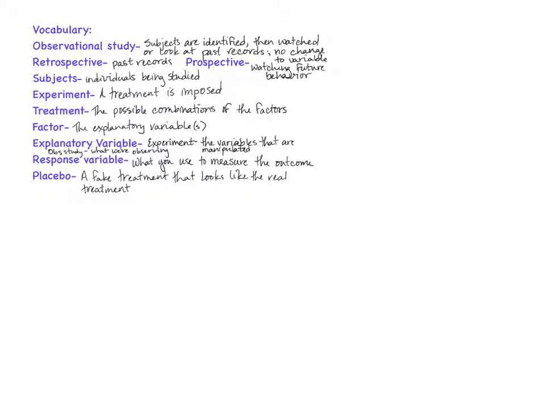So let's say I want to do an experiment on diet and exercise to determine what results in the best amount of weight loss. So I have diet and exercise.